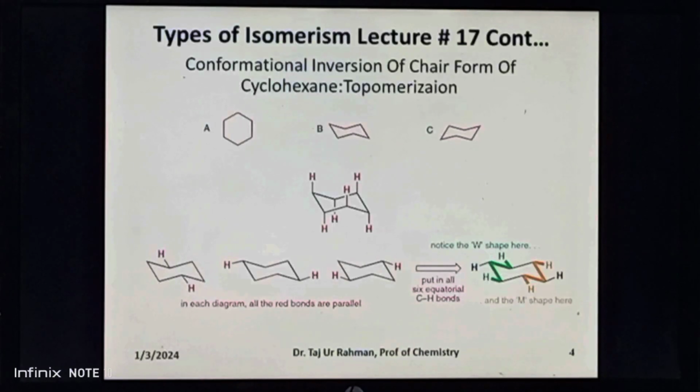In chair conformation of cyclohexane, six hydrogen atoms are perpendicular to the axis of the plane and are axial, while the remaining six hydrogen atoms, which are horizontal to the axis of the plane, are equatorial. All the six equatorial hydrogen atoms in the chair conformation can assume a 2W shape in cyclohexane as shown, that is this one.